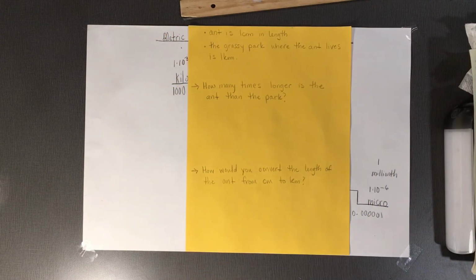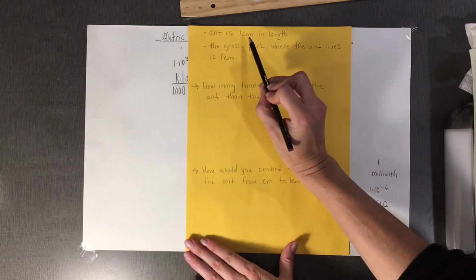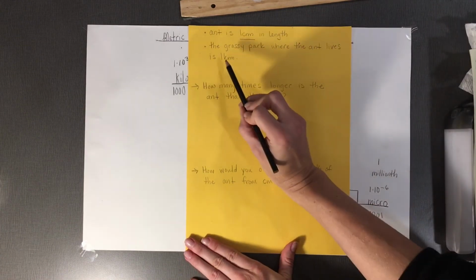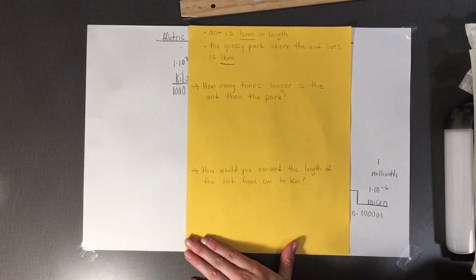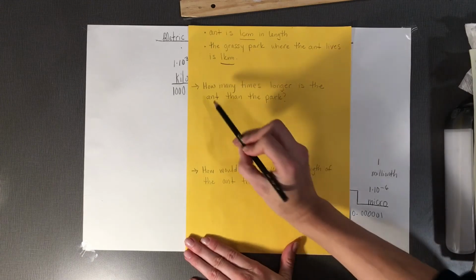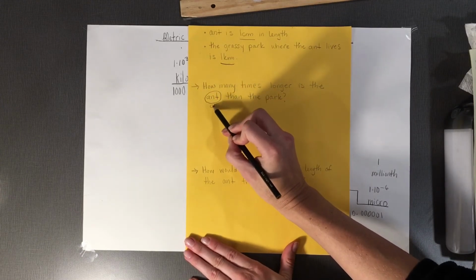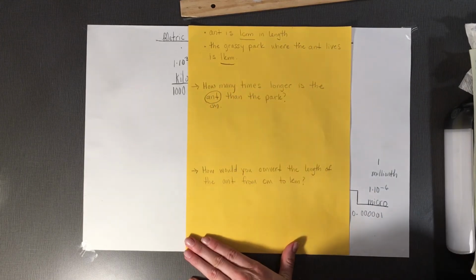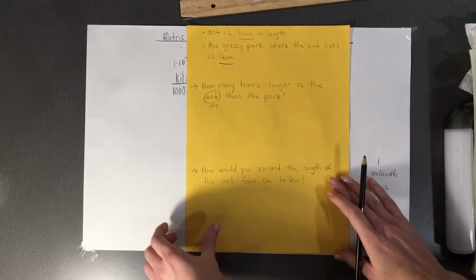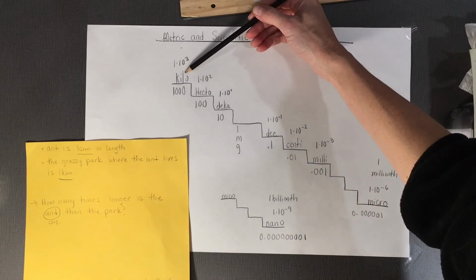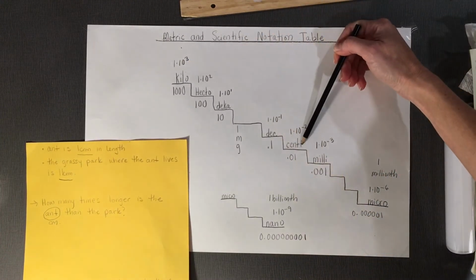What we know from the math square is that the ant is 1 centimeter in length. The grassy park where the ant lives is 1 kilometer. How many times longer is the ant than the park? So we want to find our answer in centimeters. We can use our 7-step ladder and go from kilometers to centimeters.